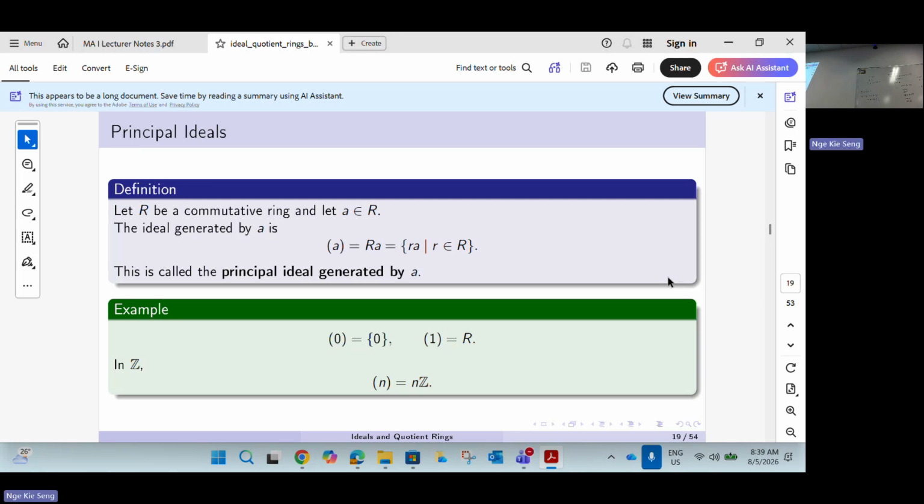The bracket 0 is only the 0. And the principal ideal bracket 1 is just R itself, because everything times 1 is in it. The bracket n means nZ, every multiple of n.